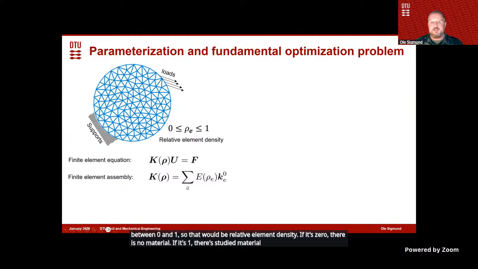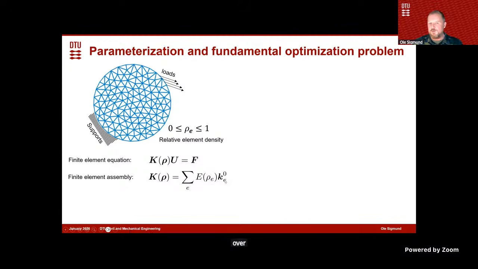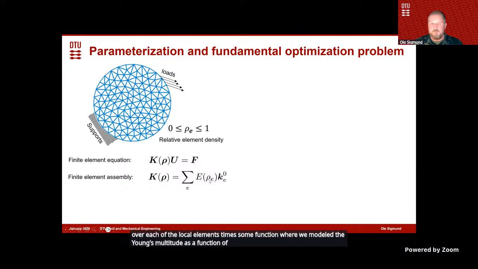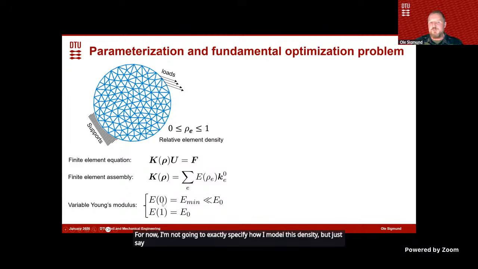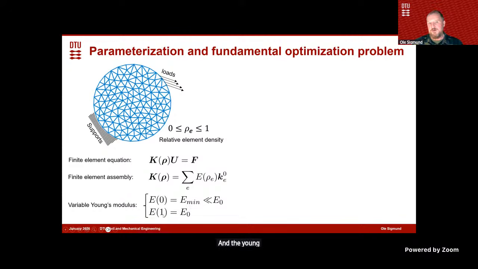And that means that the global stiffness matrix can be assembled over each of the local elements times some function where we model the Young's modulus as a function of this density. For now, I'm not going to exactly specify how I model this density, but just say that the Young's modulus of density 0, so no material, would be a very small value. And the Young's modulus of density 1 will be the solid material.